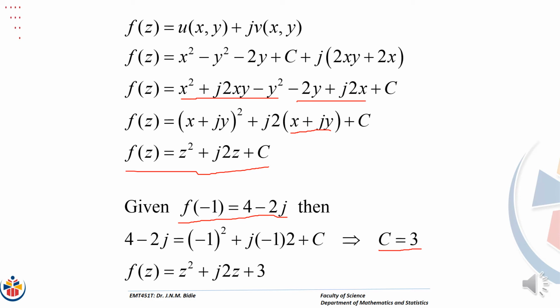Please check the steps and make sure that our calculations are on point. Please recall again, once a specific value of z has been given, you need to change the function and write it in terms of z, and then thereafter substitute the given value and solve for the constant.